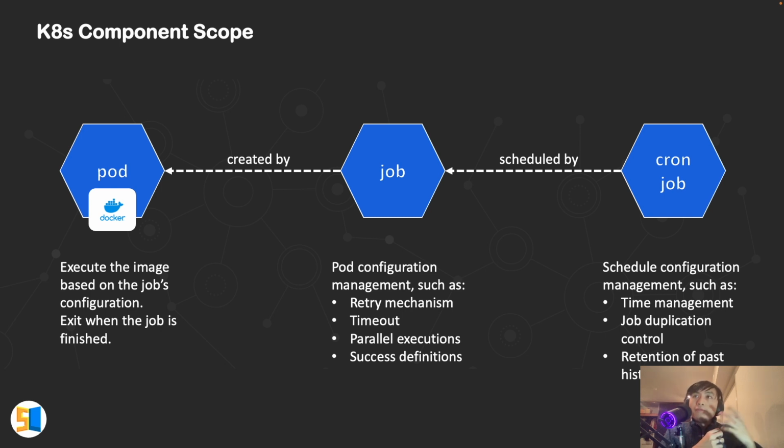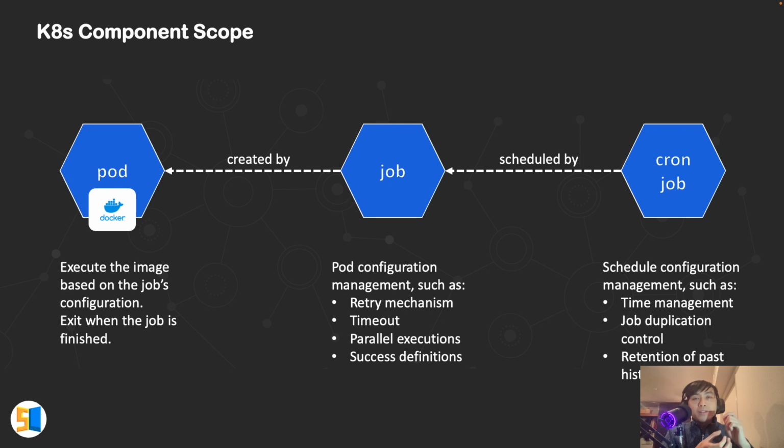And the behaviors of the pod will be configured by the Job. So Job is another component of Kubernetes. Its responsibility is to manage different kinds of configurations, as you can see in the slide. So if we execute a Job, it will eventually create a pod based on our configurations.